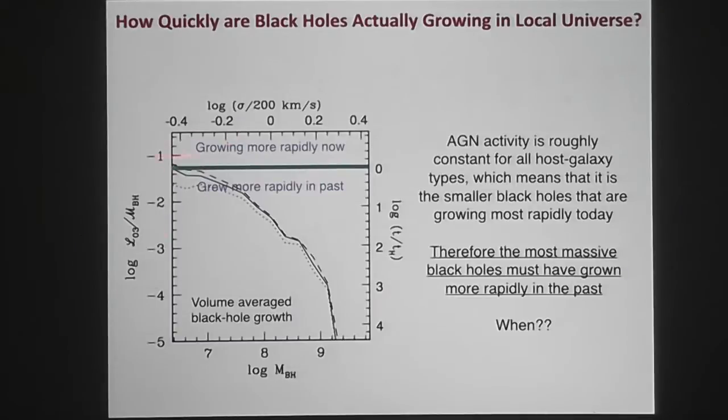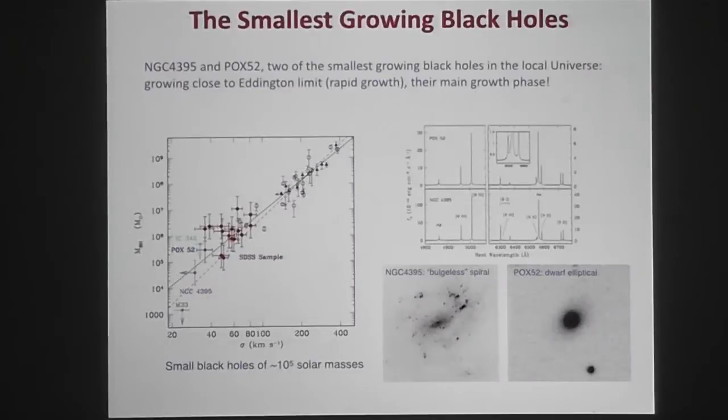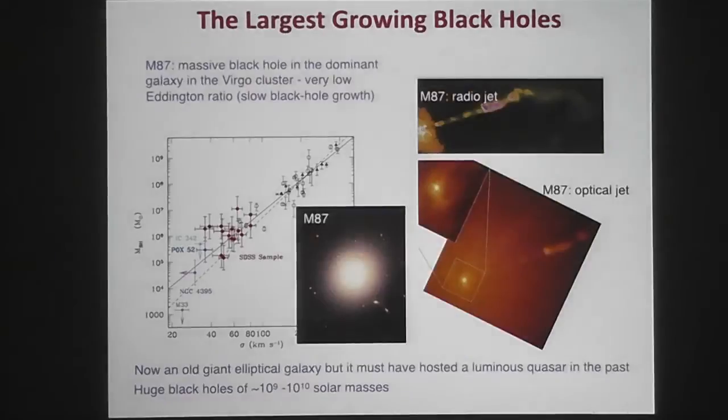So the low mass black holes are growing pretty rapidly now. The big black holes had to have grown a lot in the past. And so we have a prediction for what's going to happen when we look at high redshift. So let's see. Yeah, small black holes growing relatively small. Big black holes growing relatively weakly at the moment.